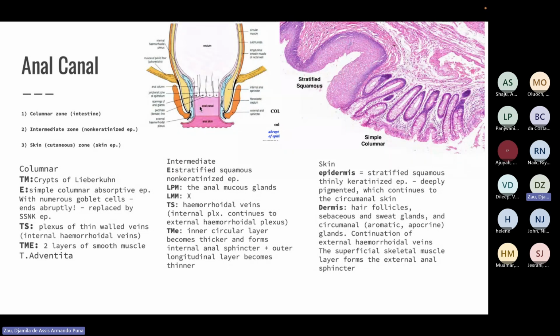I will show you guys in a second what I mean, but you're going to see three different epitheliums to signify these three different zones.